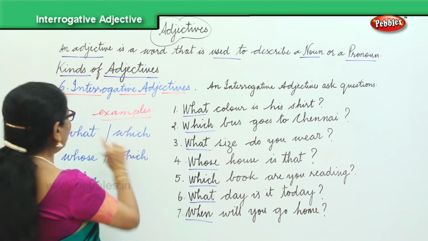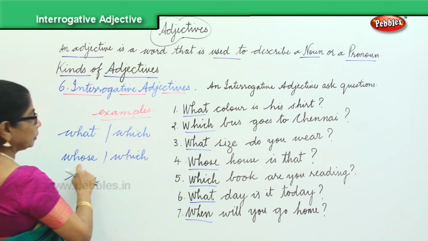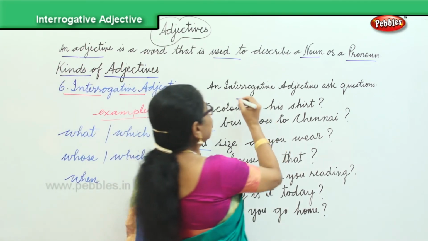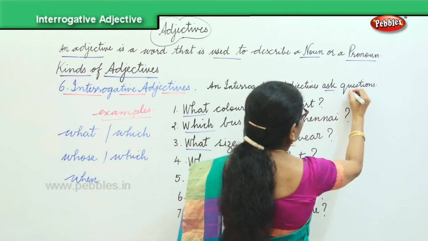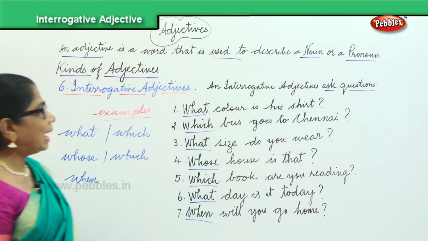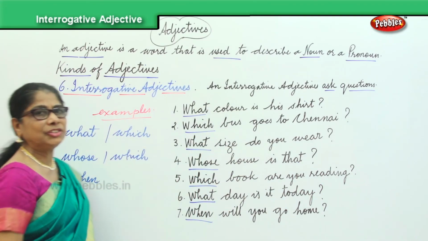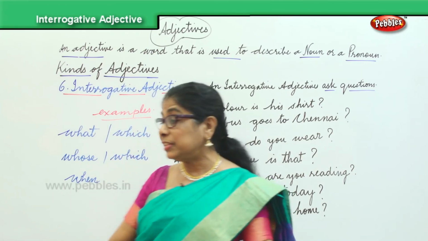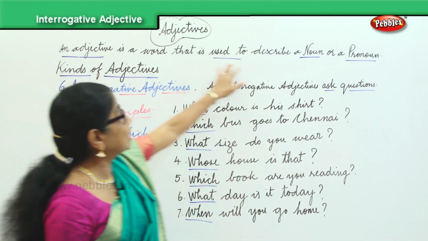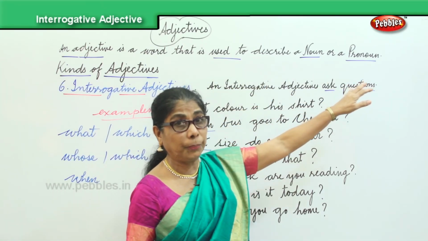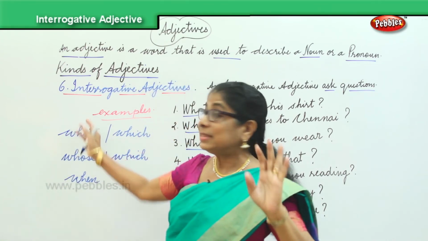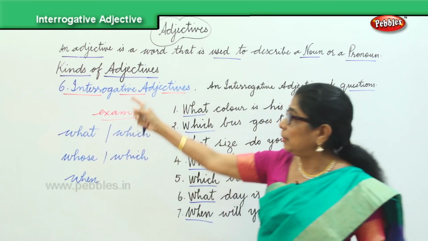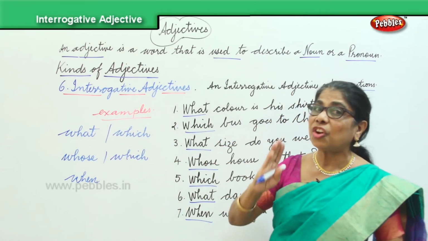Now what, which, whose, when, all these words tell us they ask questions. So identifying an interrogative adjective is very easy. Now, what is an adjective? An adjective is a word that describes a noun or a pronoun. We said that we have 6 different kinds of adjective, and this is the 6th and the last kind, the interrogative adjective.